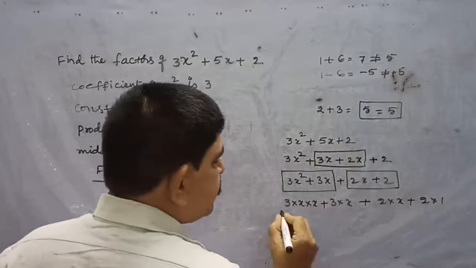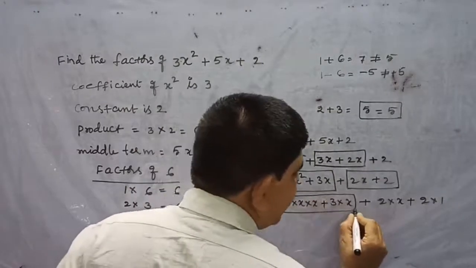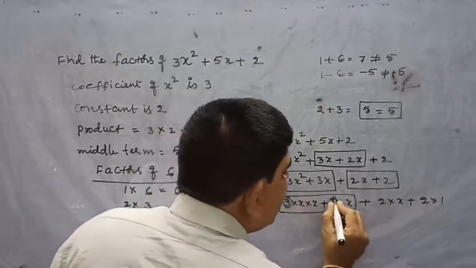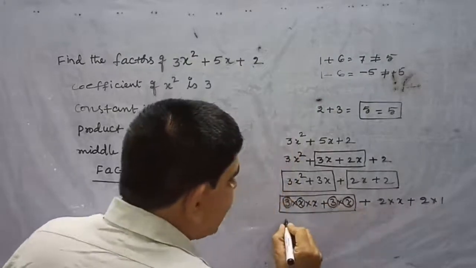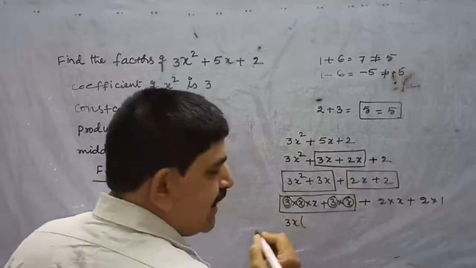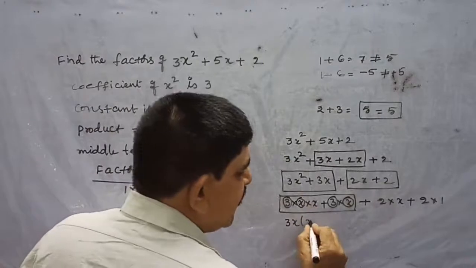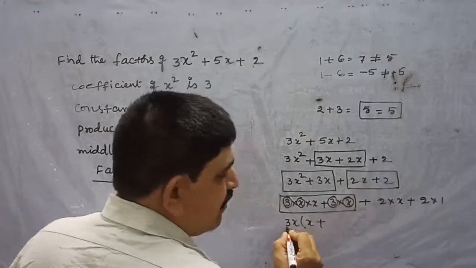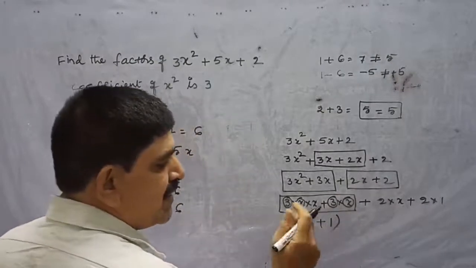Now from the first part, what are the common factors? 3 and x, so 3x is the common factor. The remainder is x plus 1. So x plus 1 is the first factor.